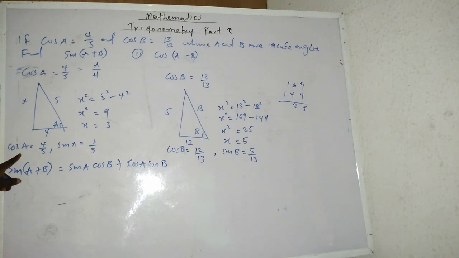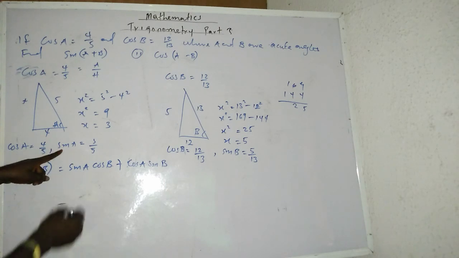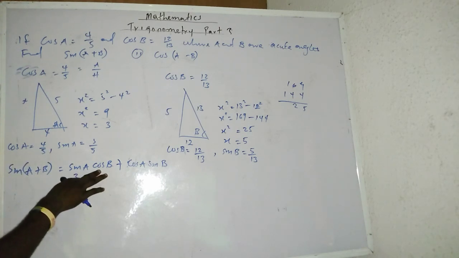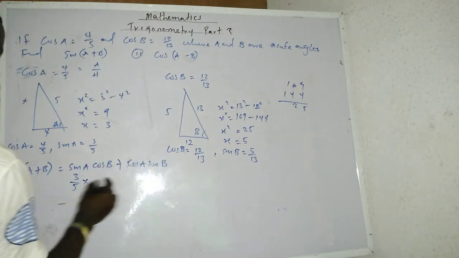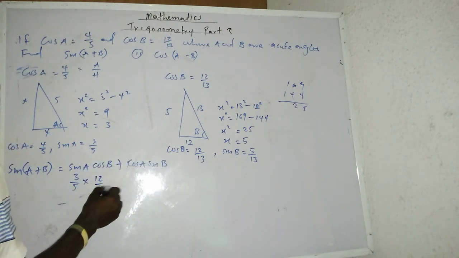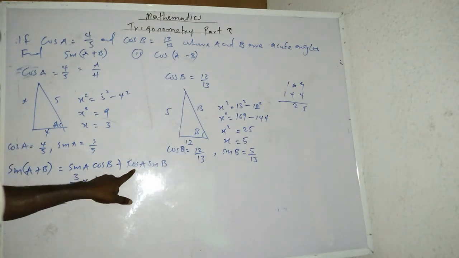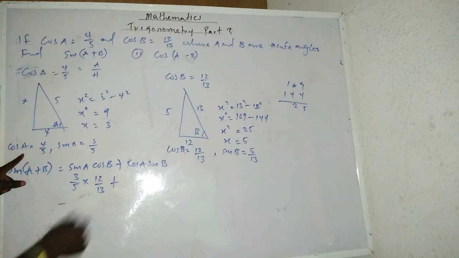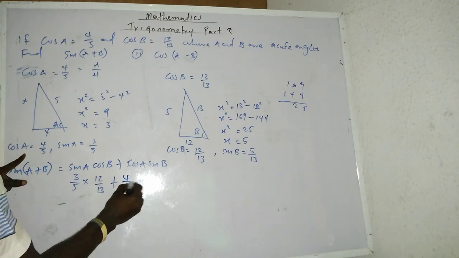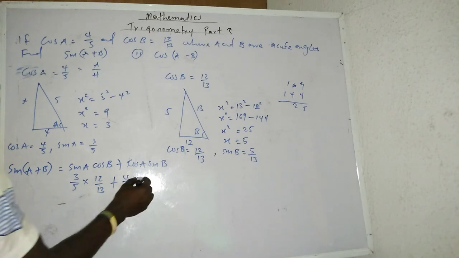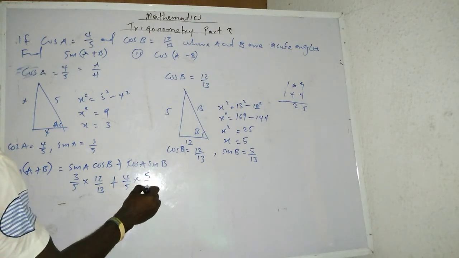My sin A is 3 all over 5 multiplied by cos B, which is 12 all over 13, plus my cos A, which is 4 all over 5, multiplied by sin B, which is 5 all over 13.